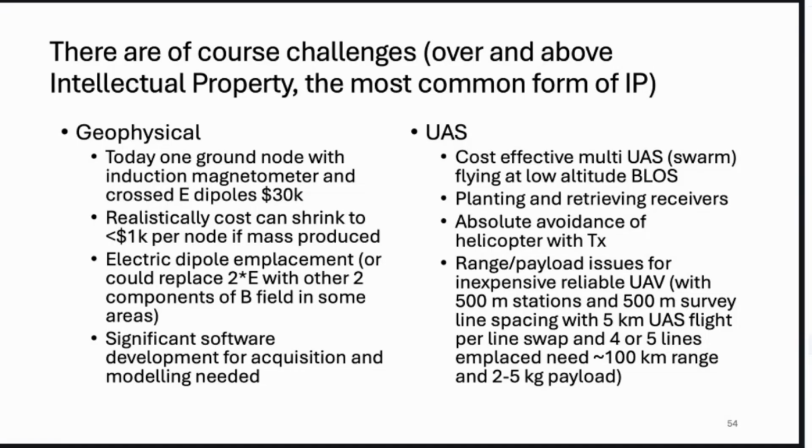You're going to need significant software development and acquisition. If you want to use unmanned aircraft, beyond line of sight might potentially be used for planting and retrieving receivers. There are issues: you want to be absolutely certain to avoid the transmitter flying thing, and you've got range and payload issues for efficiency.